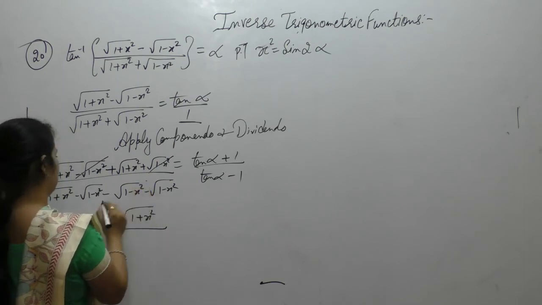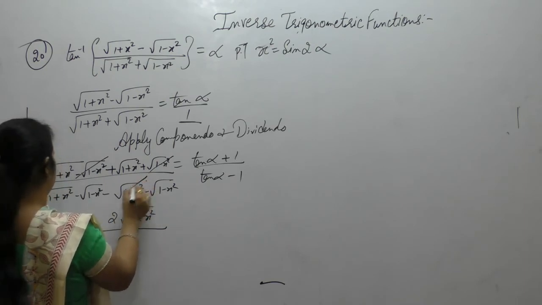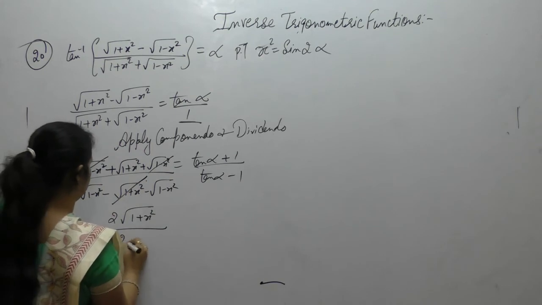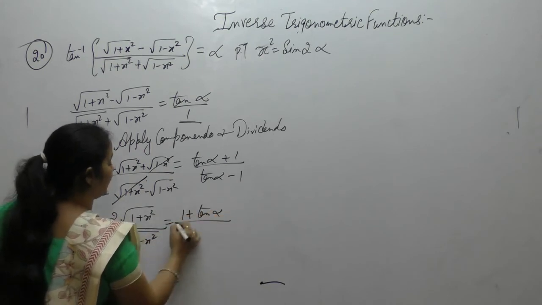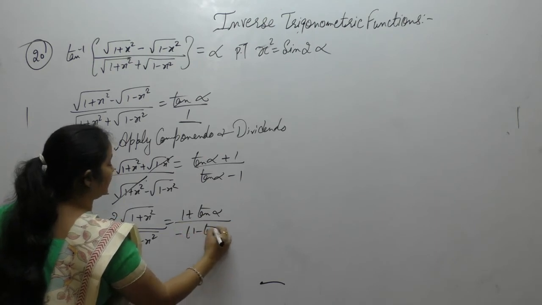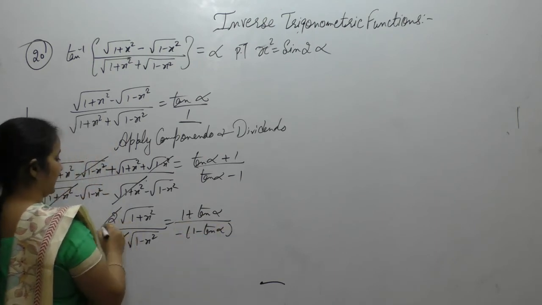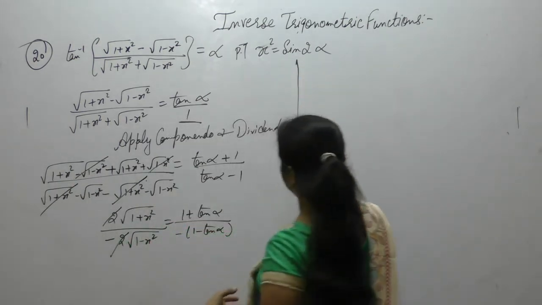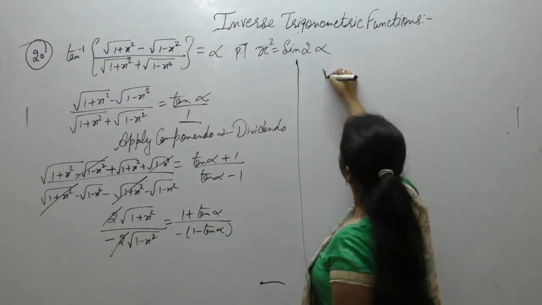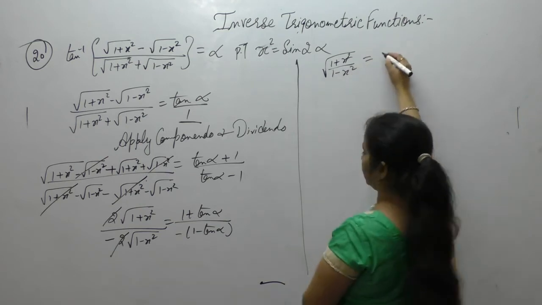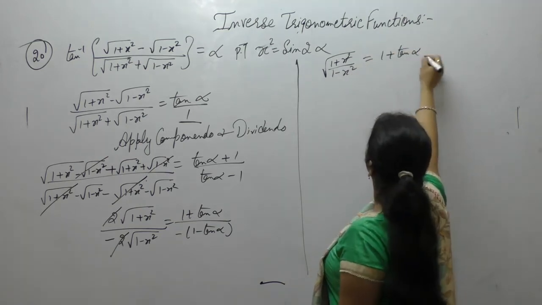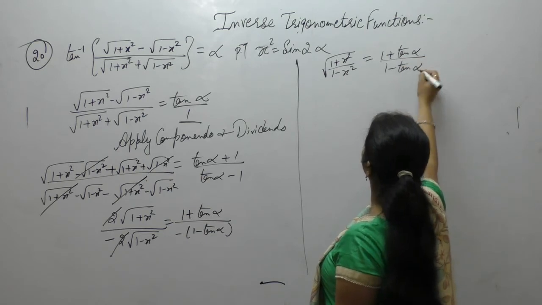Here the 1 + x² will get cancelled, minus 2√(1 − x²). If we take negative common from here, negative will get cancelled. So √(1 + x²) upon √(1 − x²) equals (1 + tan alpha)/(1 − tan alpha).